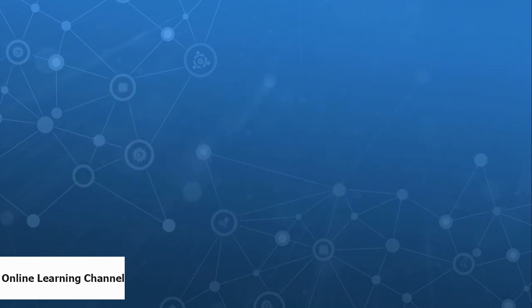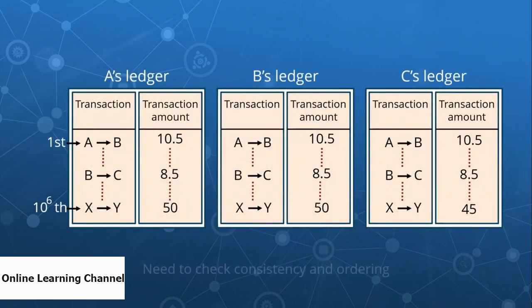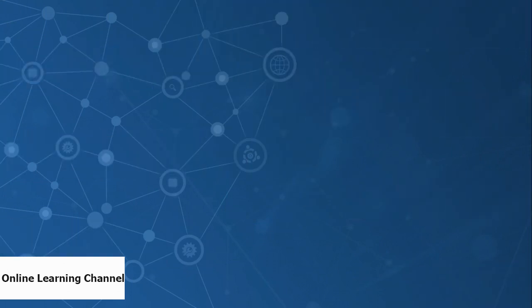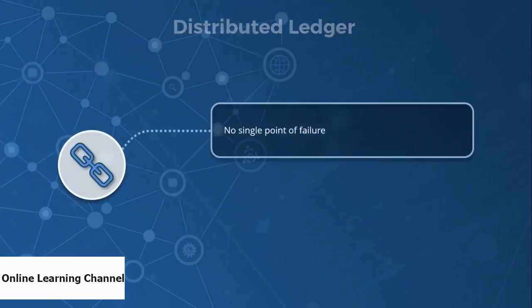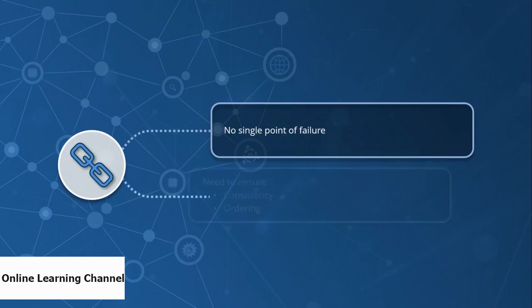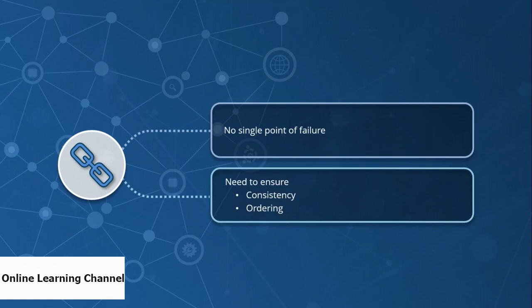What does that translate to? Well, they need to make sure that they have the exact same transactions and in the exact same order. So when working with a distributed ledger, we do not have a single point of failure, but these nodes need to be in constant communication to ensure that they're working with the exact same ledger.